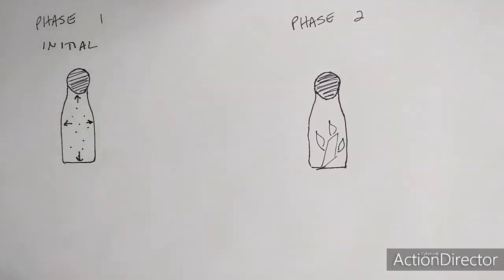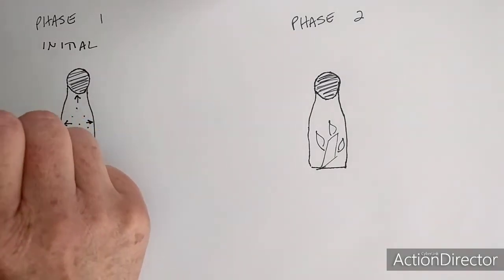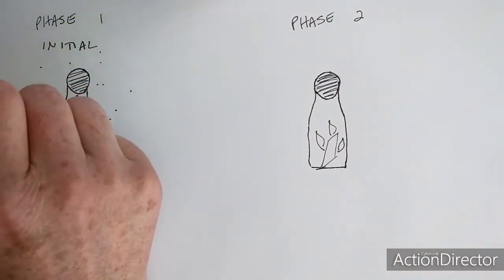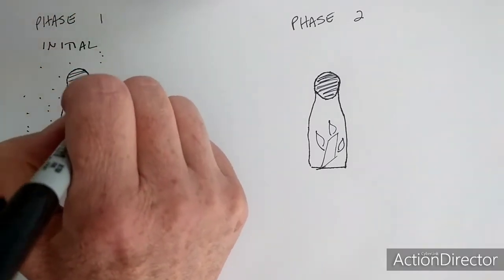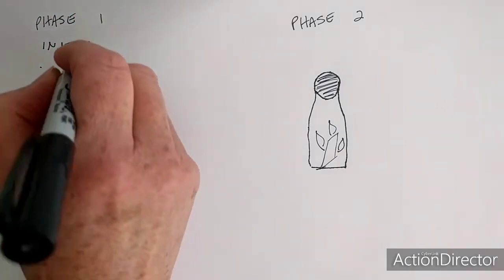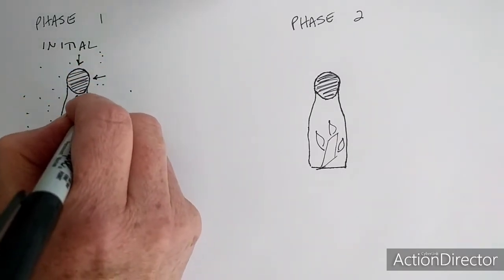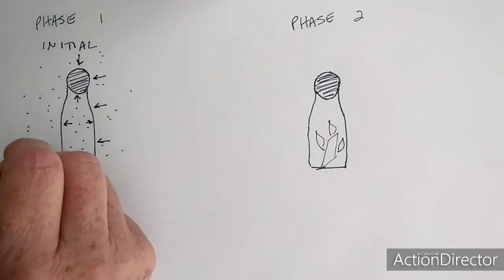The molecules push evenly on all sides of our jar. Outside of our jar, we've got air molecules as well, and those air molecules outside are pushing on all sides. They're pushing on the egg and on the jar.